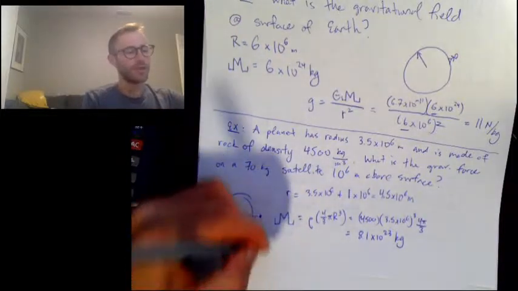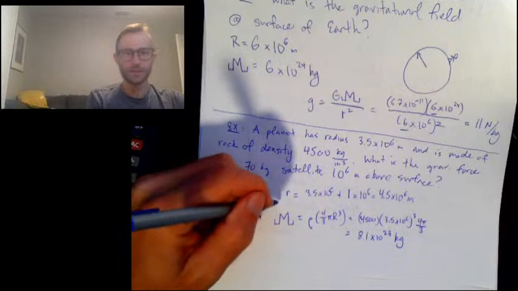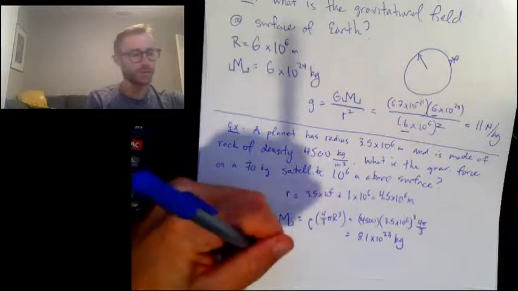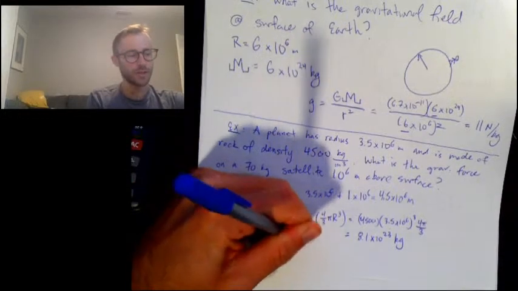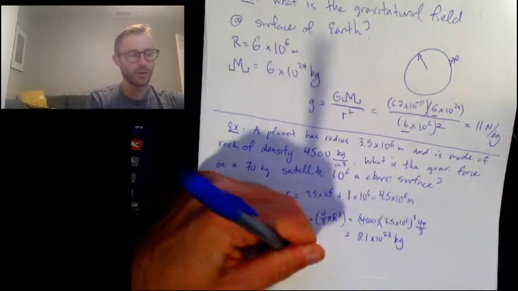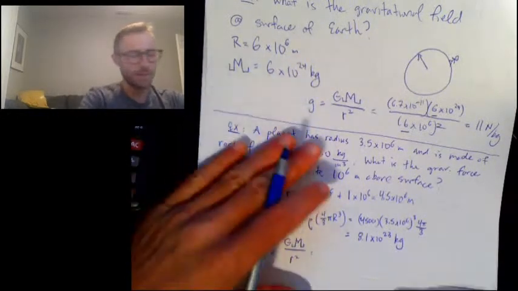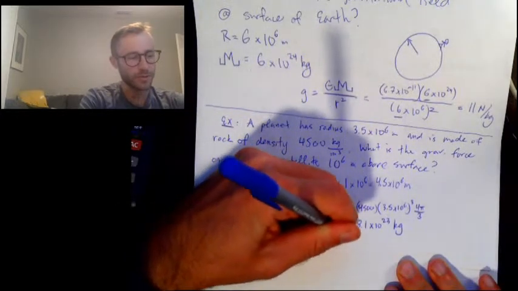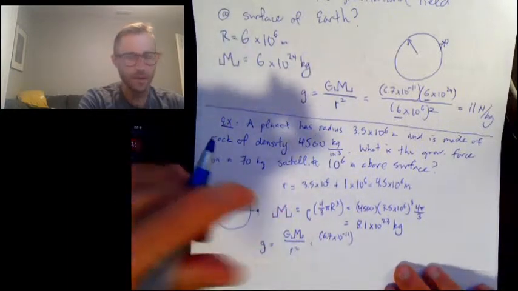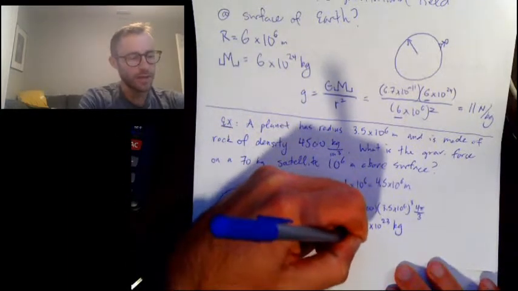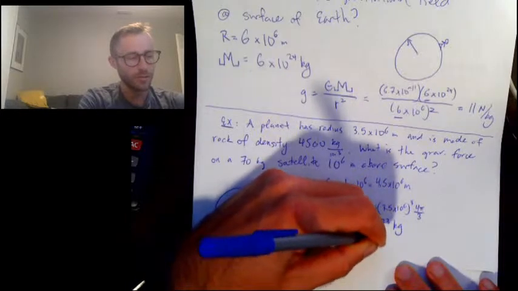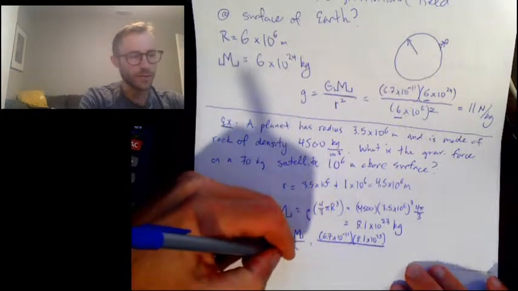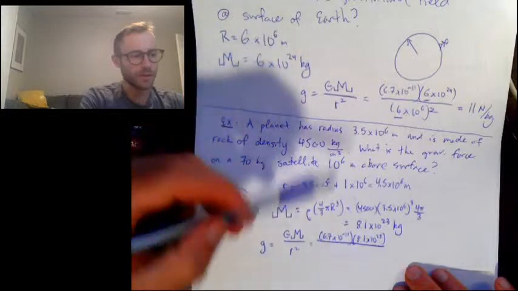Now I can figure out the gravitational field that the satellite experiences. The gravitational field is big G times m over r squared. Big G is the same for all gravitation problems, 6.7 times 10 to the negative 11. The mass of the planet is 8.1 times 10 to the 23rd. And we're not on the surface of the planet, so we're not using the radius of the planet.